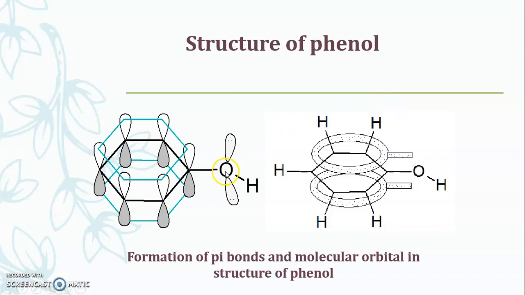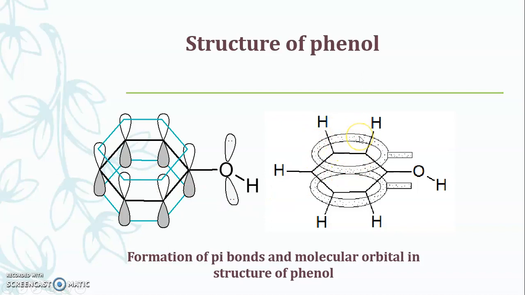Also you can see here the oxygen atom has 2 lone pairs of electrons, but these lone pairs are not involved in the formation of the pi molecular orbital, because this oxygen atom is not a part of the cycle.